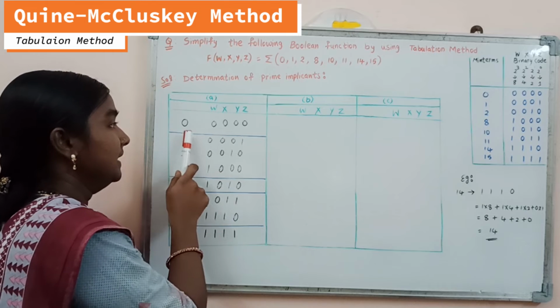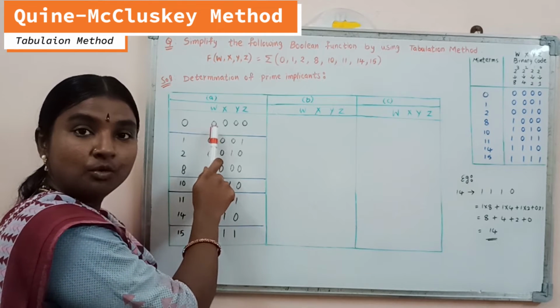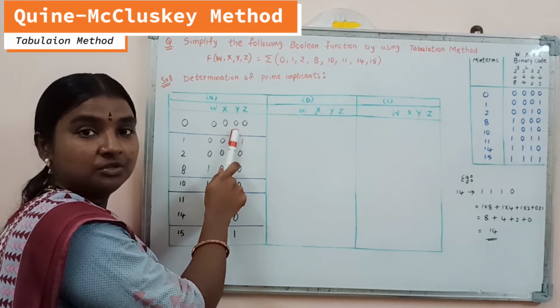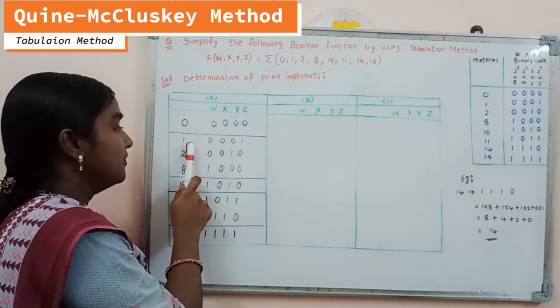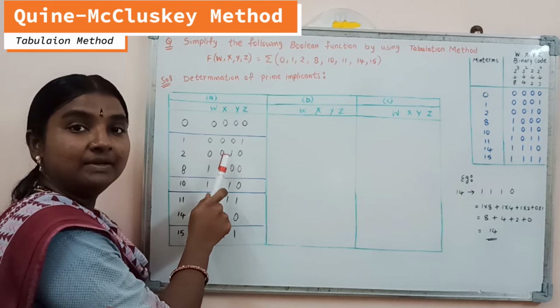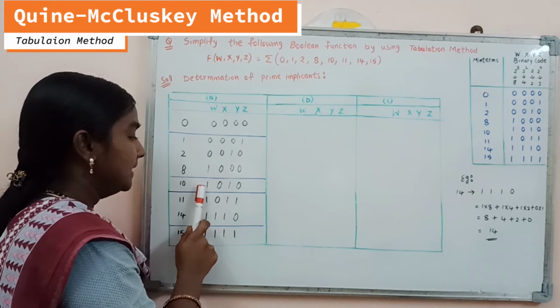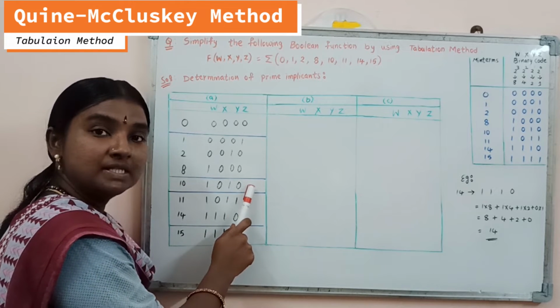Here, this is the 0 minterm, and in the 0 minterm there are no ones, so it is in the first group with 0 ones. Coming to the second group, M1, M2, M8: all these minterms have one 1, so we listed them in the second group. And then the M10 minterm has 2 ones.